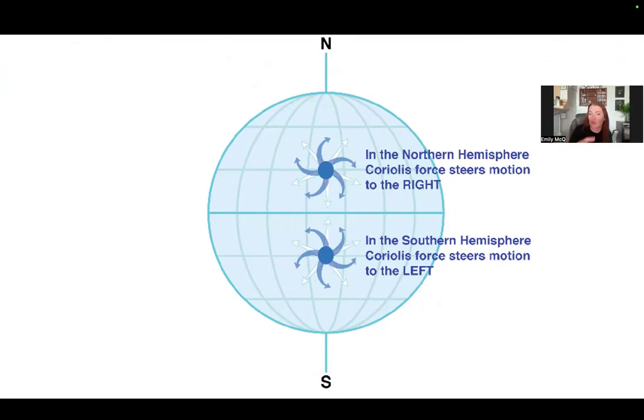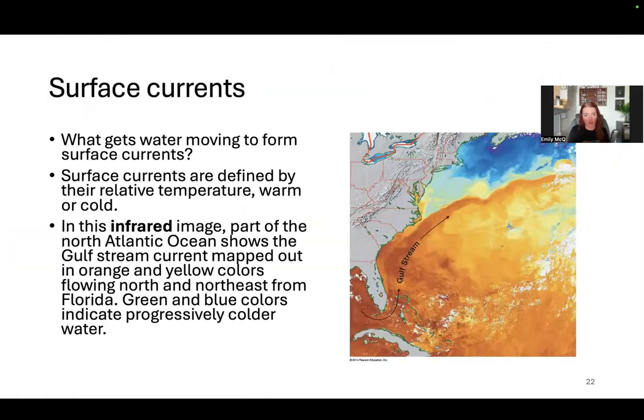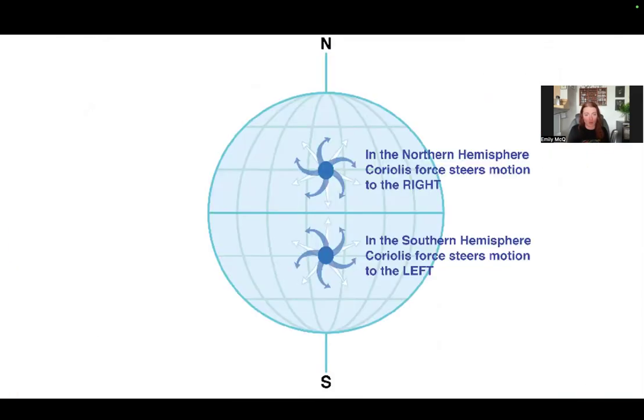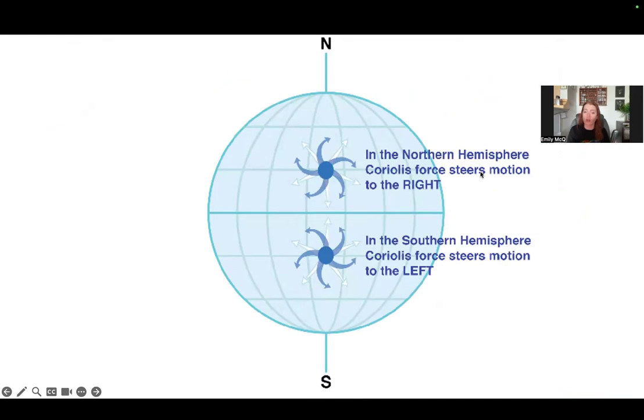That has to do with the way the Earth is spinning and the Coriolis effect altering the direction in which these currents go and the way they spin into these gyres. So when I was talking about gyres and asked what the difference is between a gyre in the northern and southern hemisphere, I meant to talk about the Coriolis effect and I didn't.